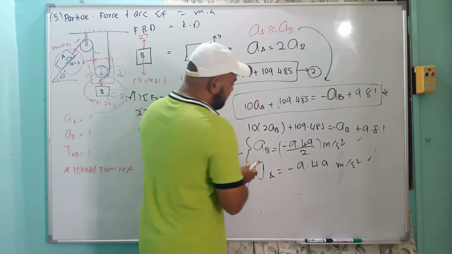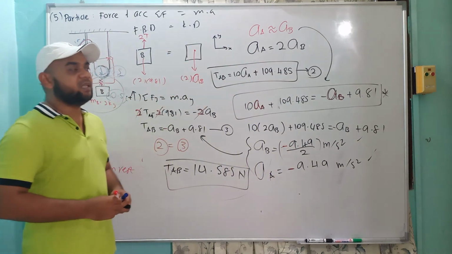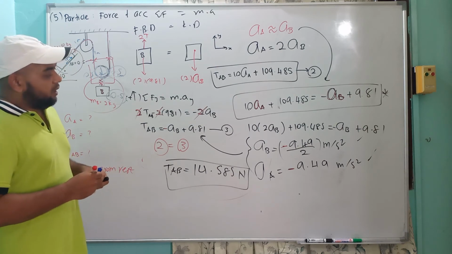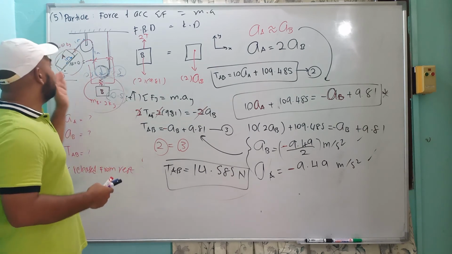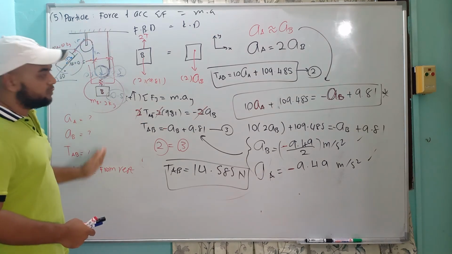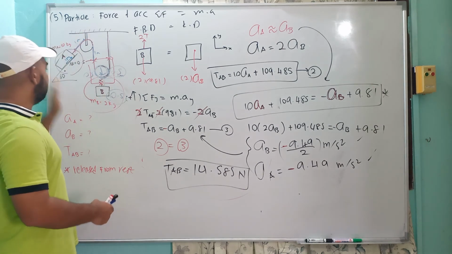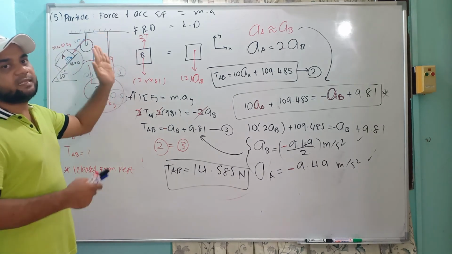Now analyze this: AA is negative and AB is also negative, meaning that from the beginning we assumed the components would move upward. But actually A is moving downward and B is moving upward, in the opposite direction.